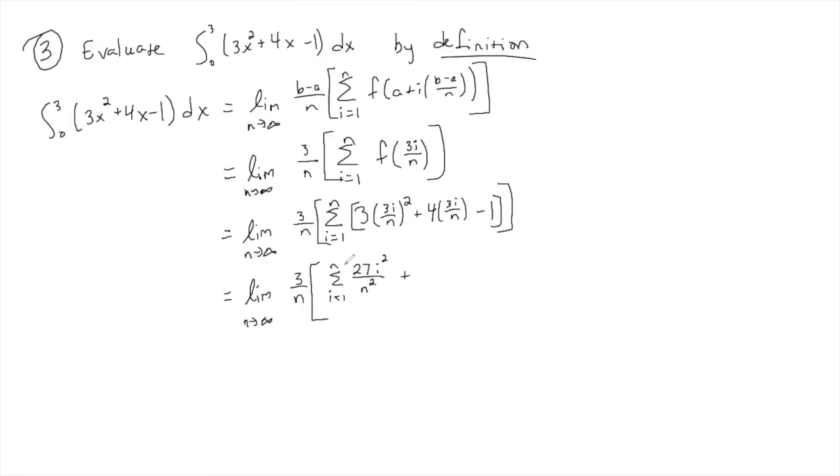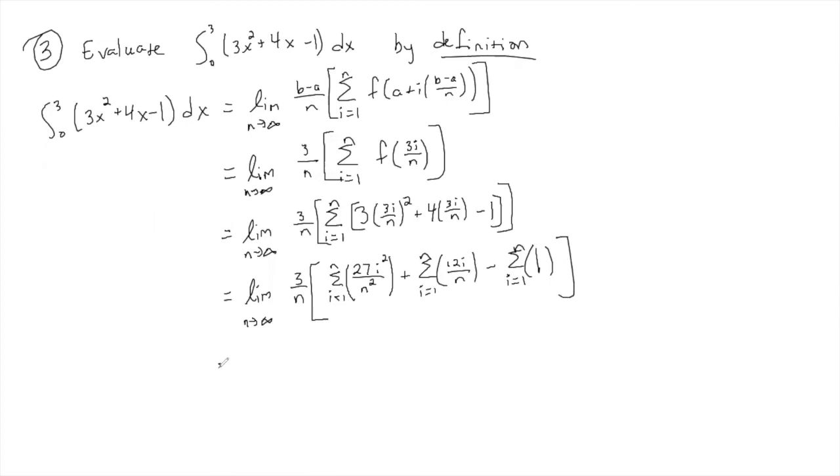Okay, plus, and that only applies to this guy because I'm going to use linearity. Okay, here I just get 12i over n. Okay, and that only applies to that. Plus, I can pull the minus out, actually. I think we're grown up enough to be able to do that. I'll pull the minus out. Sum i equals 1 to n of 1. And that sum applies only to the 1.